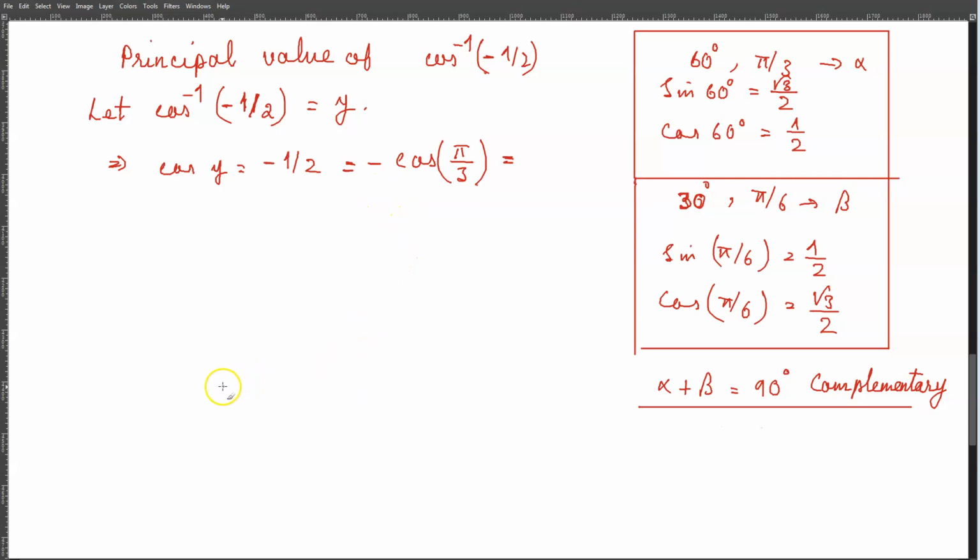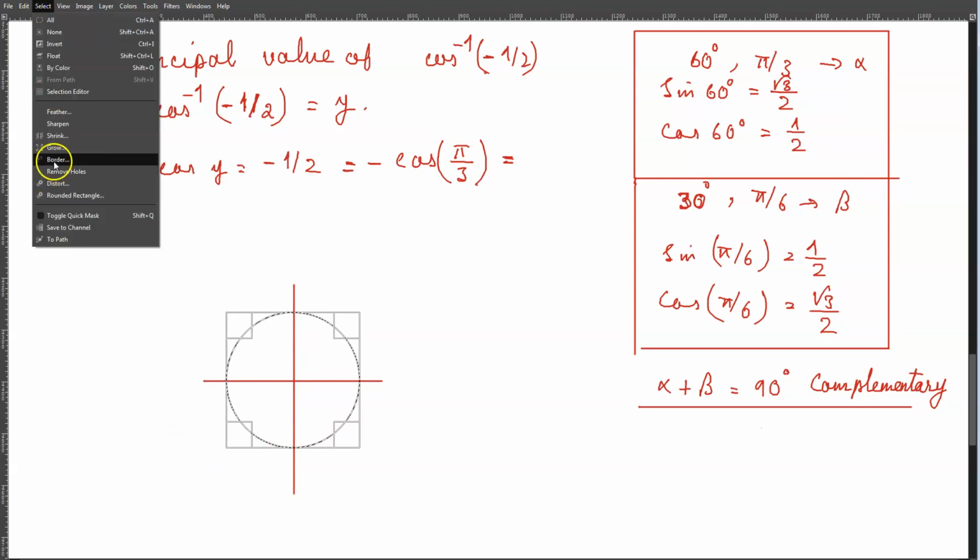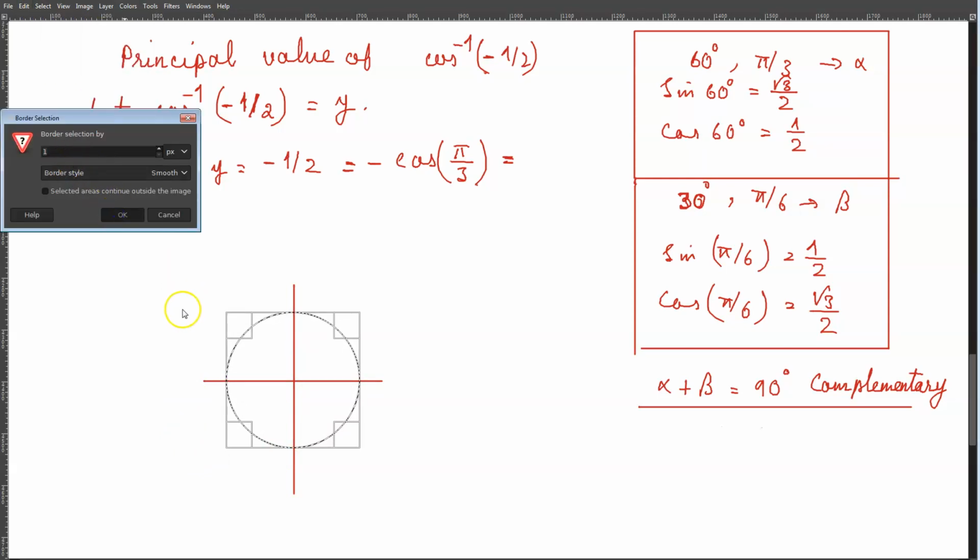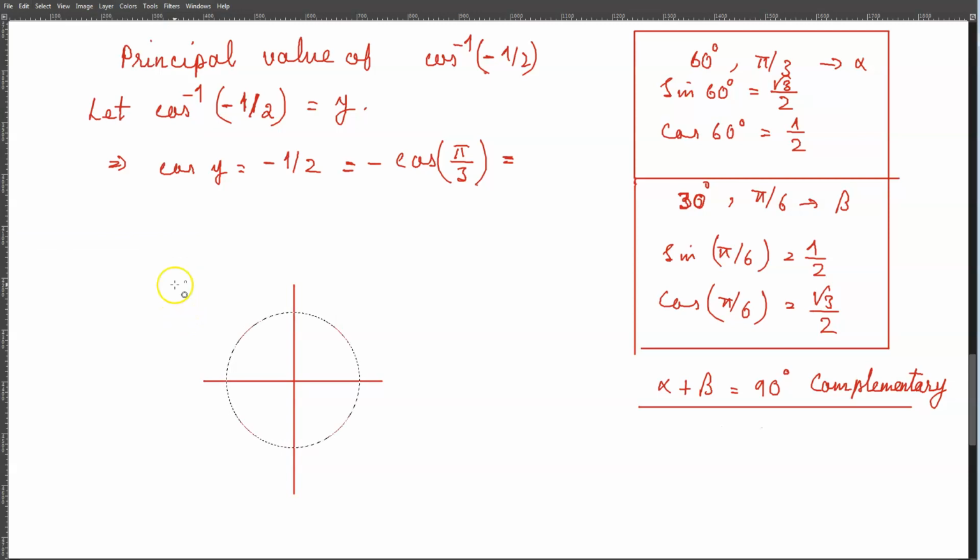So if I have the unit circle here, and suppose that I have the angle pi by 3. So the angle pi by 3 is equal to 60 degrees, right?